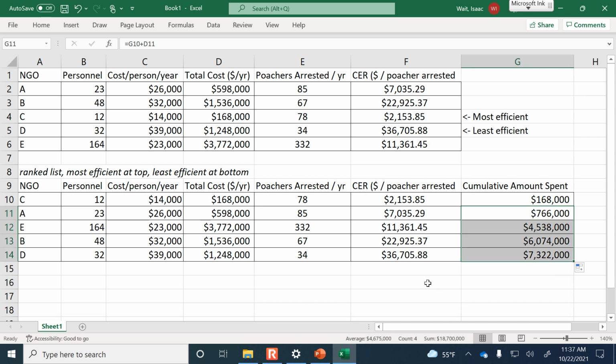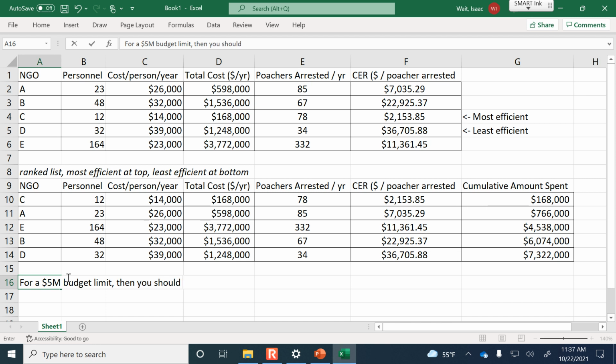All right, so the question was, if $5 million is the limit for a $5 million budget limit, then you should operate C, A, and E. The total cost will be $4,538,000.